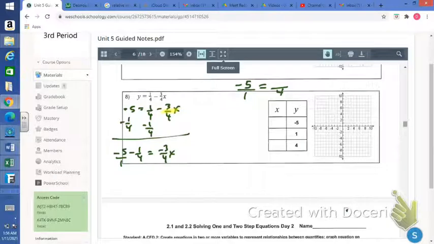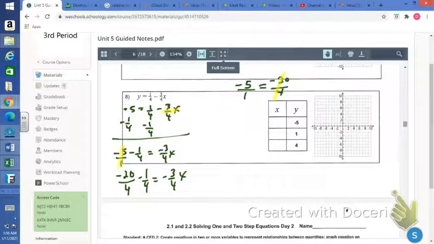So 1 times what gives you 4? Well, 1 times 4. So you multiply the -5 times 4, and you're going to get -20. So I'm going to replace this with this. So I have -20 over 4 minus 1/4 equals -3/4 x.